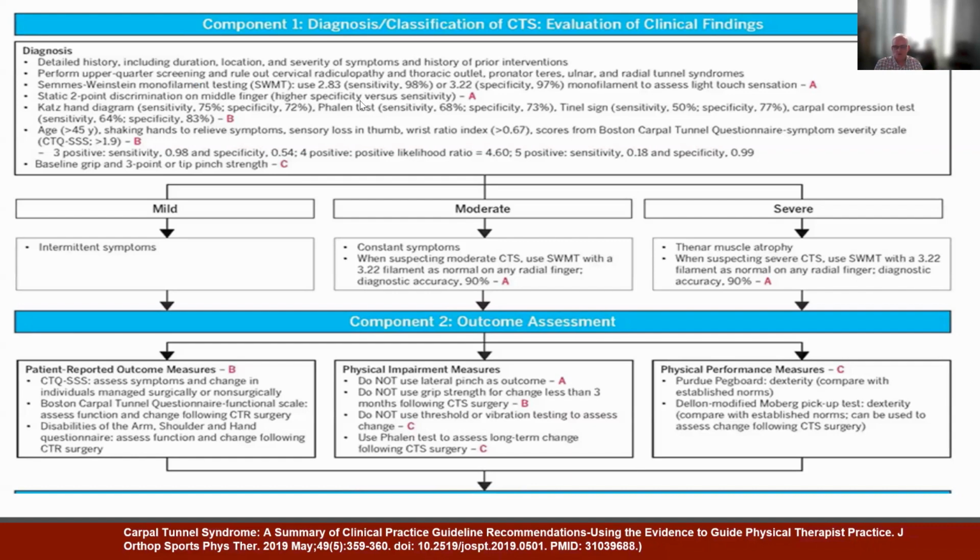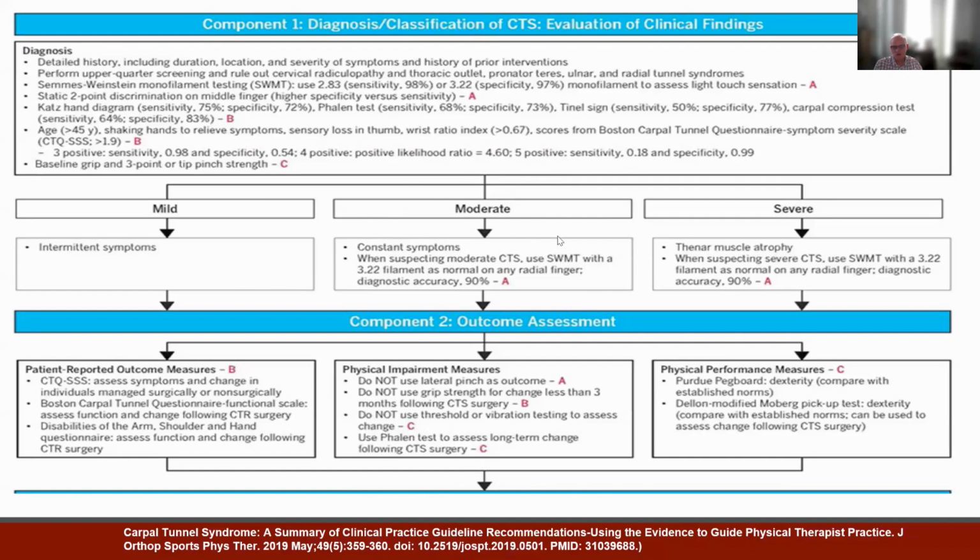Good question. If you look at the chat, great question. The other benefit of the monofilament isn't just diagnostic. It's also to categorize the severity. Given this history, if the patient is not able to detect a 3.22 monofilament on the right hand within the thumb, index finger, and middle finger, then right then and there, this patient has moderate carpal tunnel.